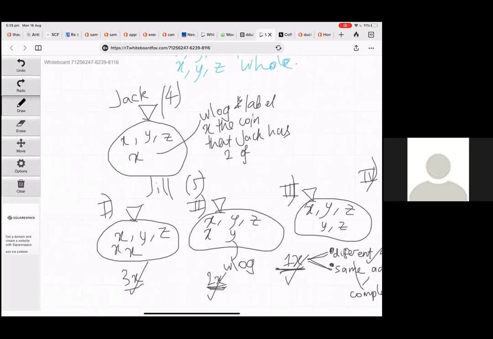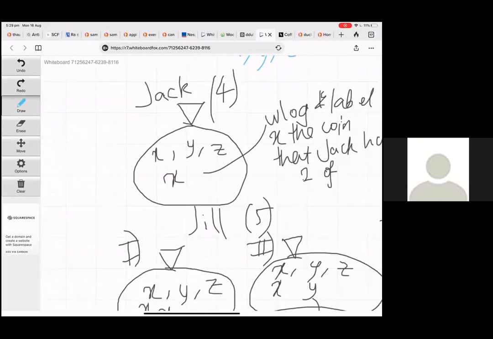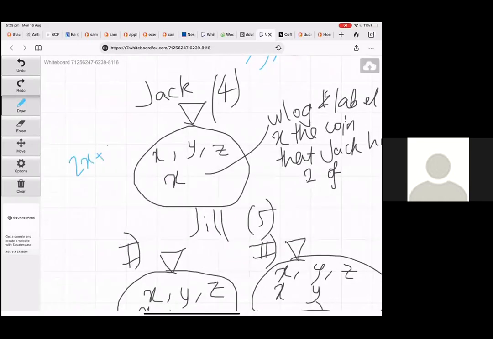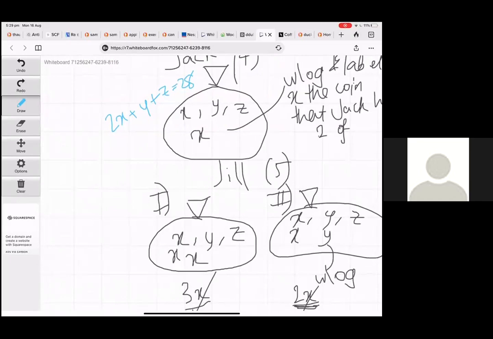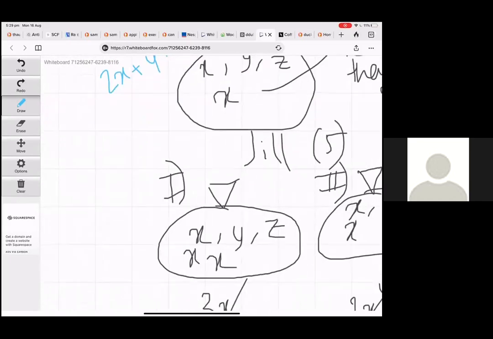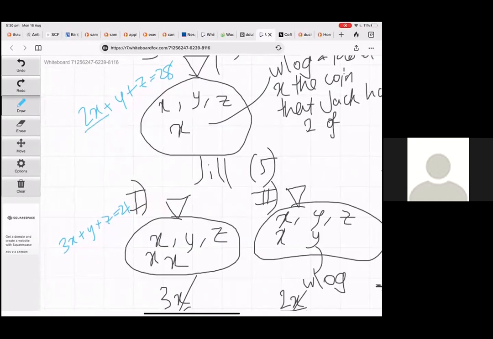All right, so note that Jack has a total of 28. And so that means that 2x plus y plus z is 28. And then Jill has a total of 21. So in this case, we're saying that 3x plus y plus z is 21. But you'll notice that there are 2 x's here, and the only difference in case 1 is that there are 3 x's.